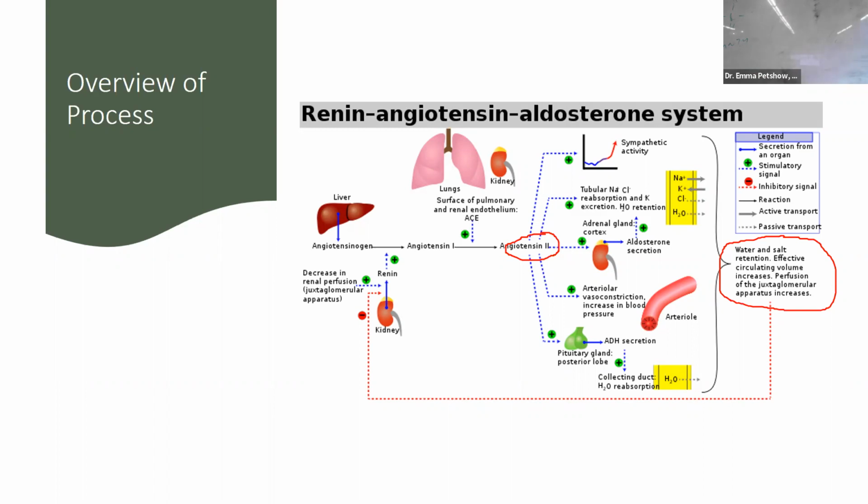So that's where those afferent and efferent arterioles will measure the pressure differences. So if the pressure coming into those apparatuses is increased enough, it'll then say, oh, we don't need to increase renin secretion. We can stop that now. And then this process ceases to occur. So it's a normal negative feedback system.